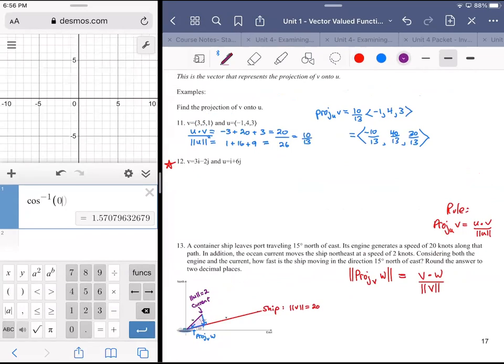Well, if we know the magnitude and the angle with the easterly direction, remember this is a 0-degree angle, we could say that V is 20 knots multiplied by the cosine of 15 degrees, the sine of 15 degrees. And then W is equal to 2 multiplied by the cosine of 45 degrees, the sine of 45 degrees.